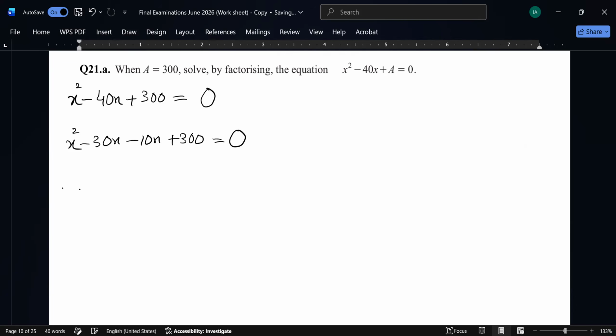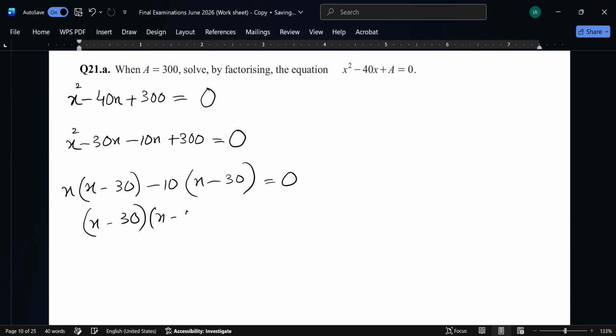Have common, so x minus 30 is the first factor. I take negative 10 as common, which is going to be x minus 30. So two common brackets there, x minus 30 and x minus 10 equals 0.